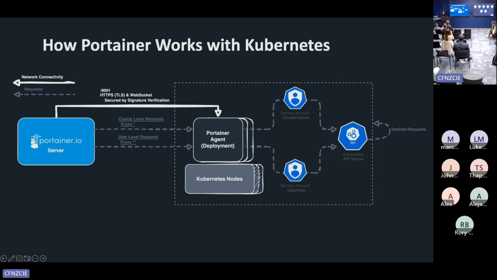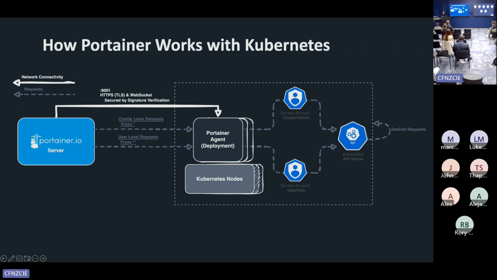I mentioned that Portainer can import any of your Kubernetes clusters into the system. What I meant by that is the agent. If you have 5 Kubernetes clusters, you do not want to run 5 Portainer instances, because then you've got 5 Portainer servers to manage. Rather, what we strongly recommend is to run Portainer outside of the orchestrator, because if you run Portainer on a production environment and it goes down, then Portainer goes down, and you don't want that.